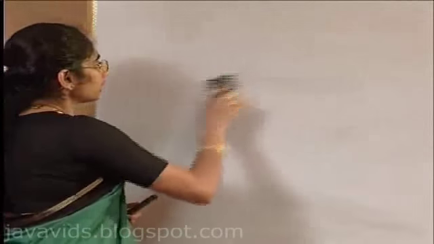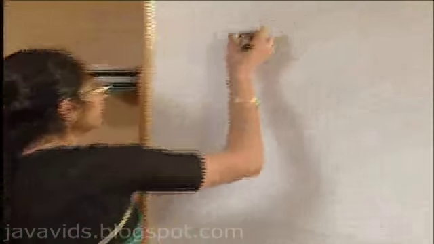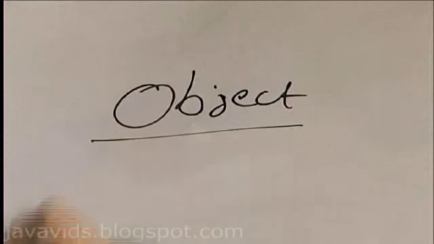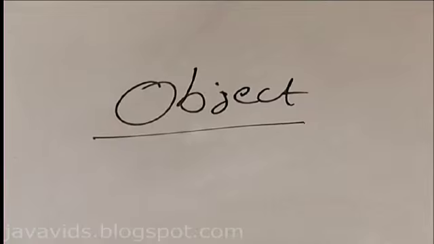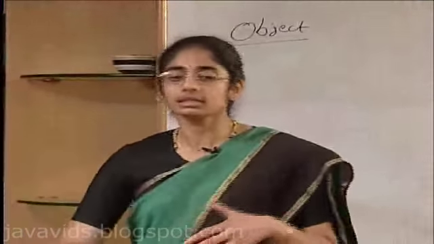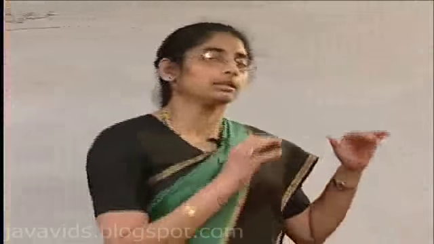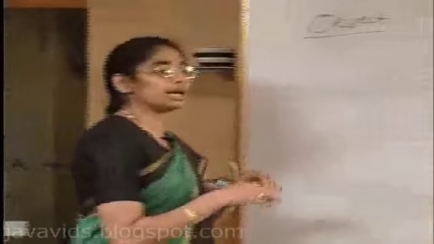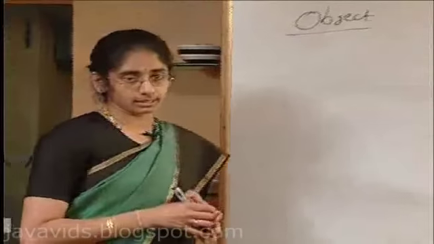Now let's take a look at some of the classes in this lang package, starting with the class called Object. Object is the root class for all classes. Any class that you talk about, be it the predefined Java API classes or the classes that you define, the parentmost class is the Object class.